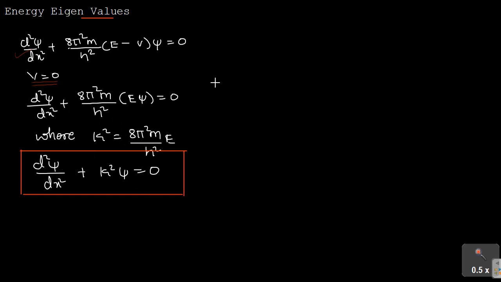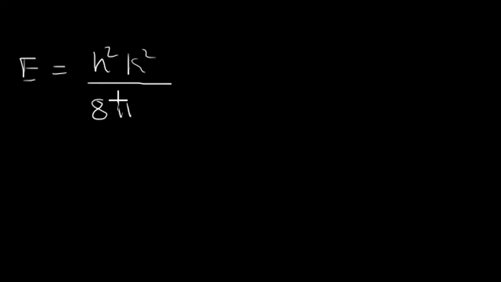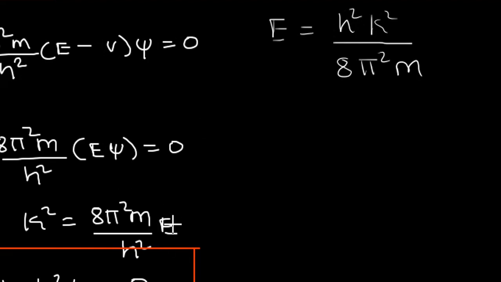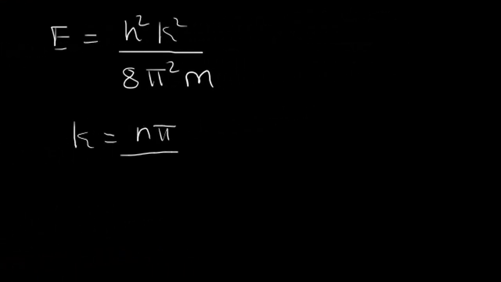We take k square equals 8 pi square m by h square into E. So if I substitute here, the equation will become like this. Now take this equation, k square equals 8 pi square m by h square into E, and we can write E equals h square k square divided by 8 pi square m. Can I write it like this? We just send 8 pi square m by h square to this side. In the previous video, we already got the k value, where k equals n pi by a.